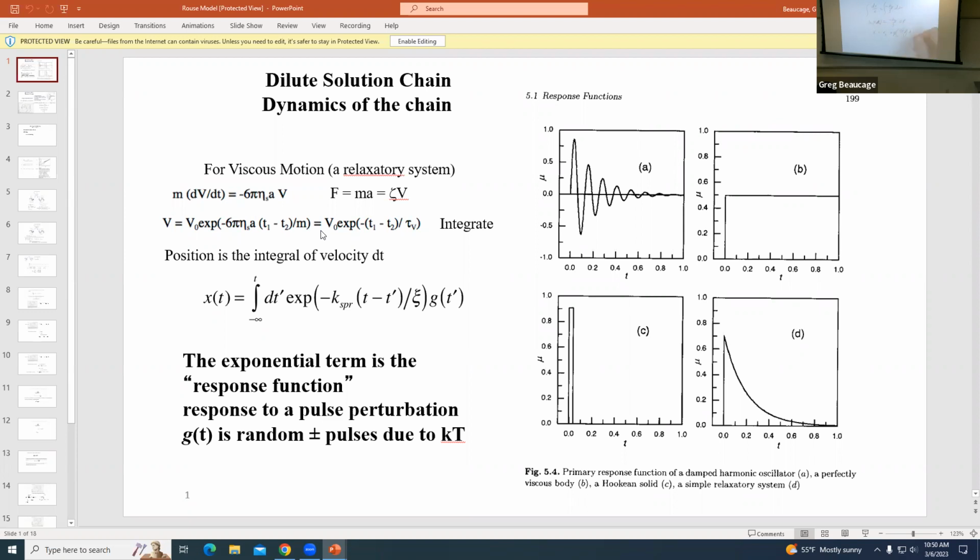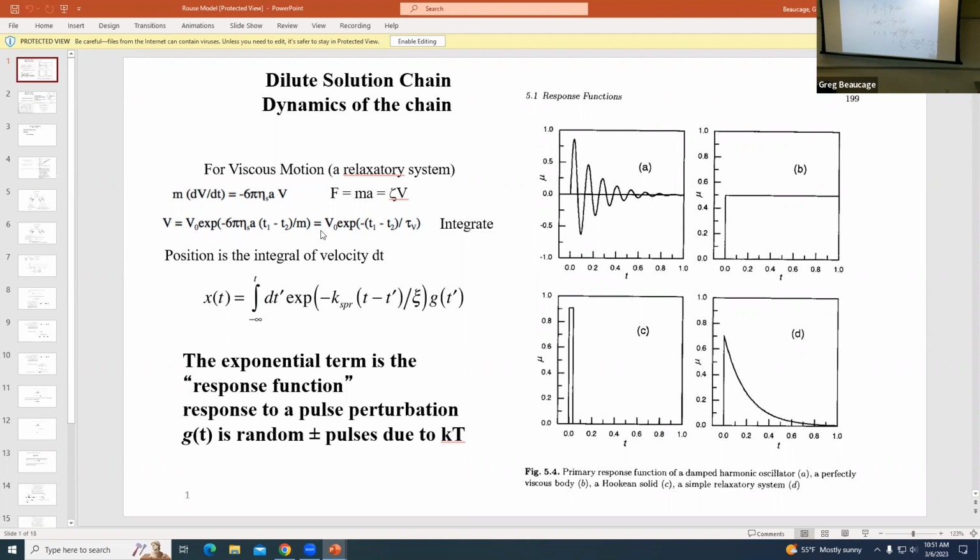And this thing, we call it tau, equals the friction factor divided by the spring constant. Or in other words, if the friction factor is 6 pi viscosity times r over K spring, I can say that r is N to the 1/2 times the step length, which they call b in this part, divided by K spring.